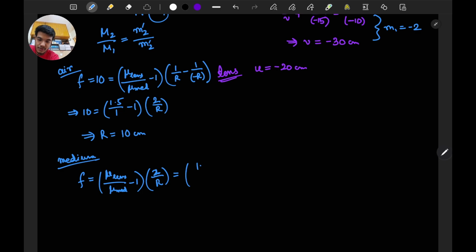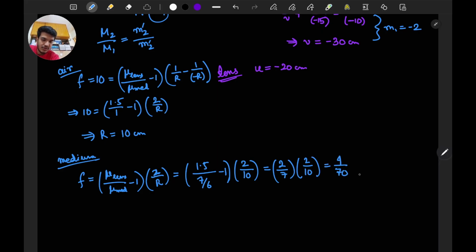So mu lens is 1.5 and mu medium is 7 by 6, which is given already, minus 1 into 2 by 10. So this thing right here would turn out to be 2 by 7 into 2 by 10. So this is 4 by 70. Sorry, I made a mistake.